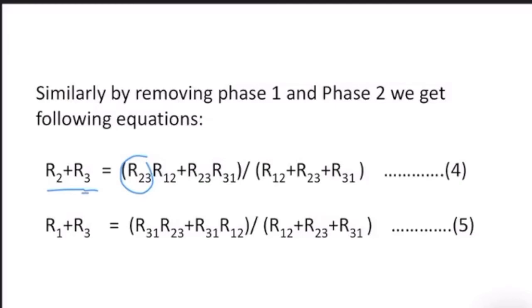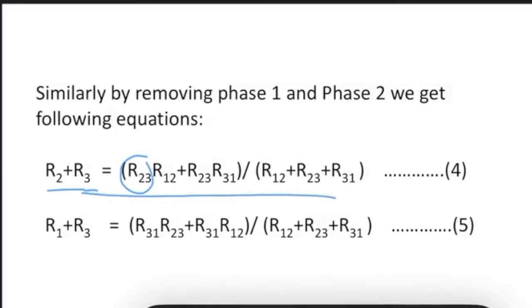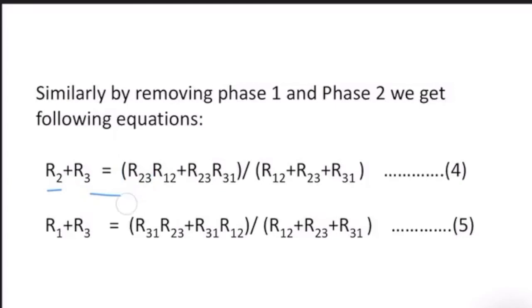So what is our final equation? The final equation is R2 plus R3 is equal to R23 into R12 plus R23 into R31 divided by R12 plus R23 plus R31. Similarly, when we remove phase 2, then what are we going to have?